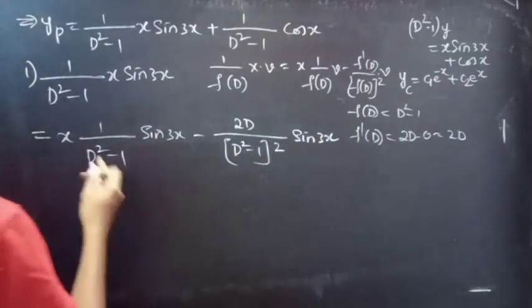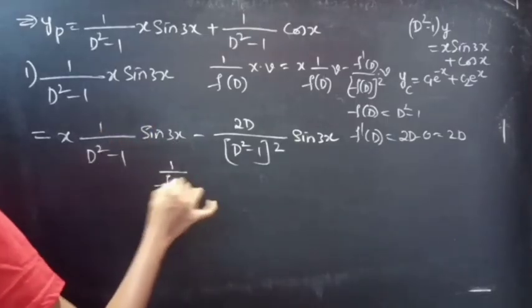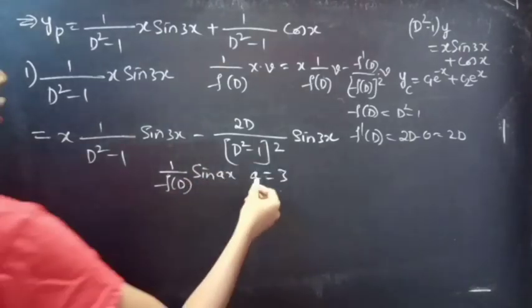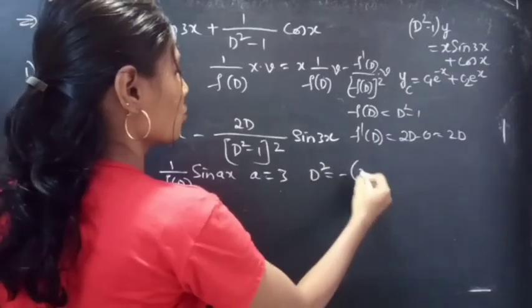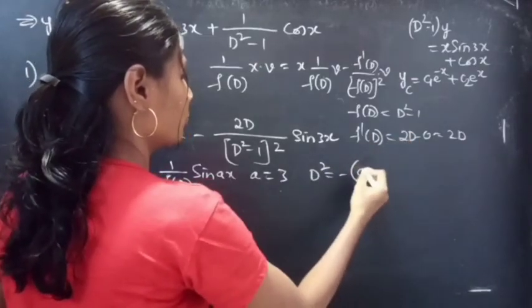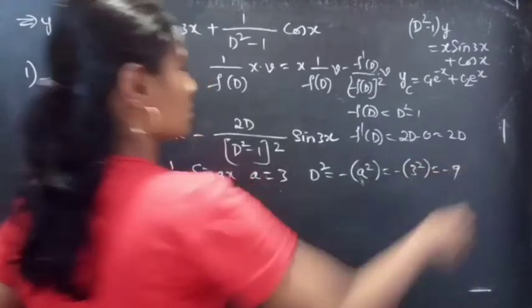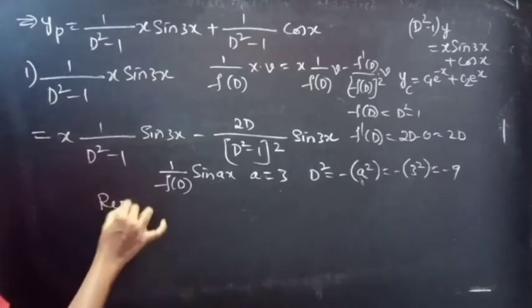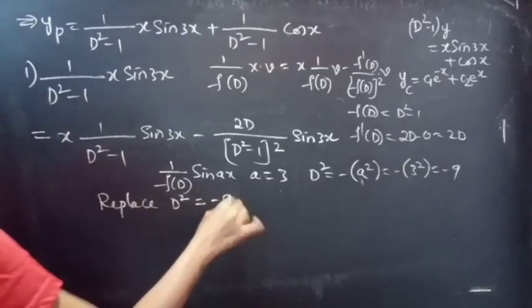Now, just compare 1 by f of D into sine 3x with 1 by f of D into sine ax. So for a equals 3, we'll find D square, which is given by minus of a square. This equals minus of 3 square, which equals minus 9, right? Now let's replace D square by minus 9.